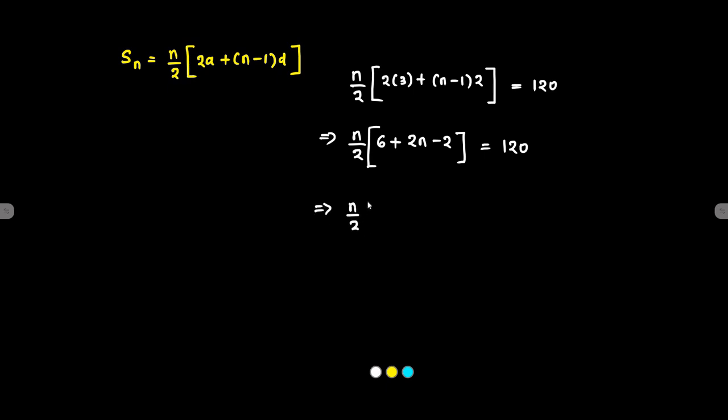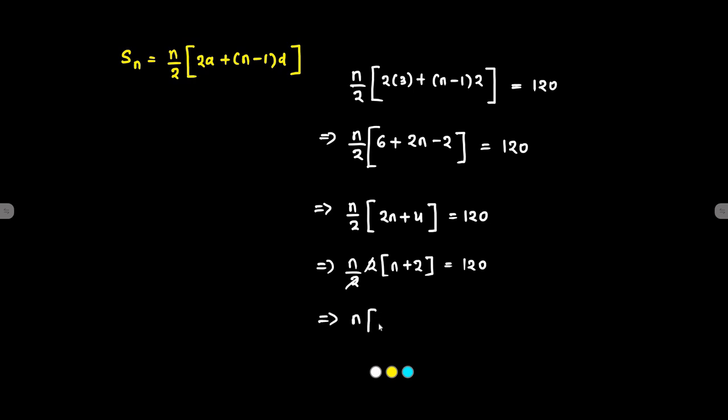That implies n by 2 into 2n plus 4 is equal to 120. So that implies n by 2 into 2 into n plus 2 is equal to 120.